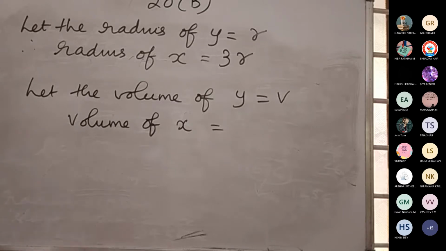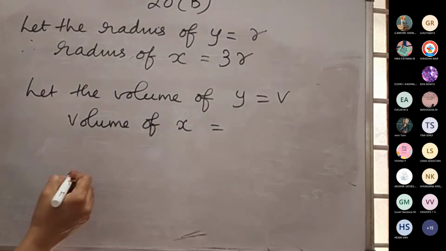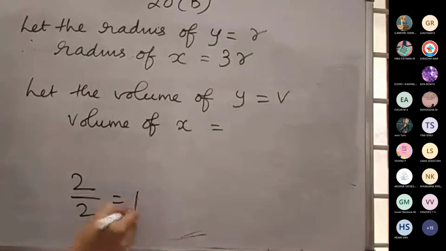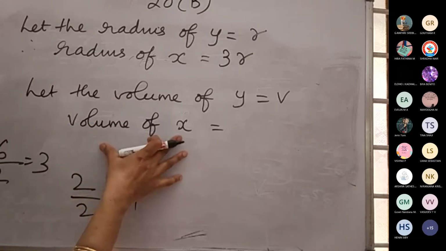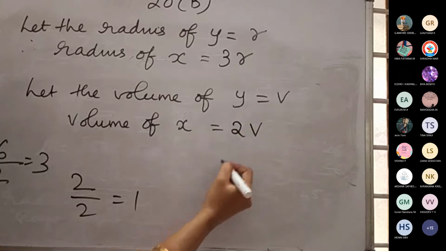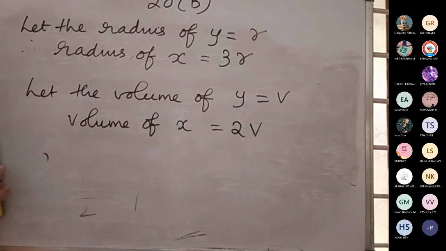If it is 2, half of 2 is 1. If it is 6, half of 6 is 3. So the volume of X will be 2V, because 2V divided by 2 gives V.